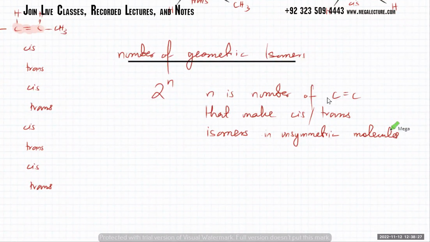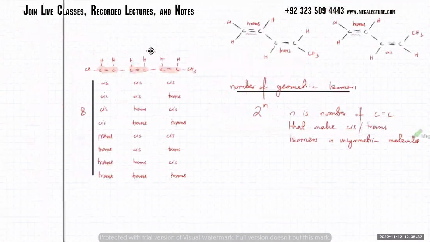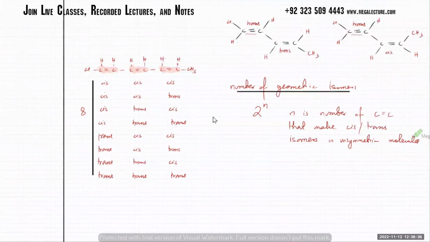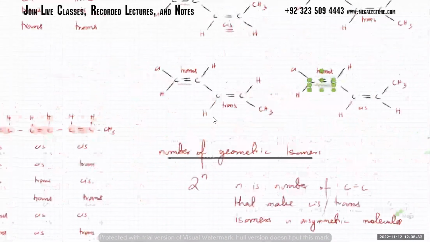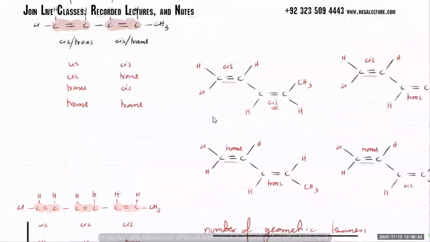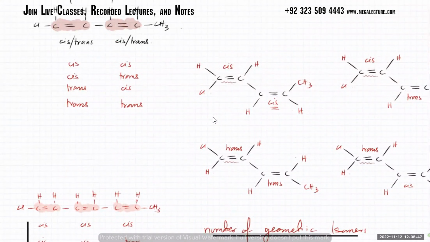Okay, let's quickly do the last thing: what if the molecule is symmetric? If the molecule is symmetric, then left to right and right to left are exactly the same. So cis-trans and trans-cis would be exactly the same molecule.